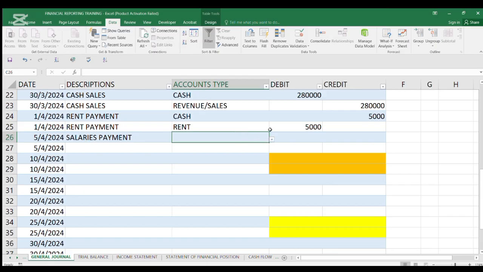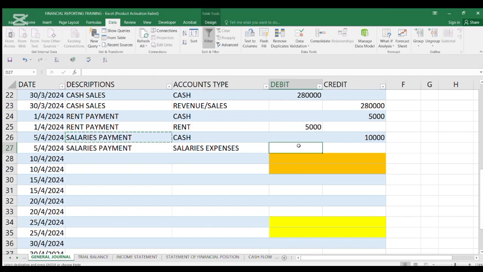So I select cash account here with 10,000 US dollars to be credited into the cash account, and then I repeat the same thing here, and then I debit the salary account. Where is the salary account? Salary expenses account, with the same 10,000 US dollars.